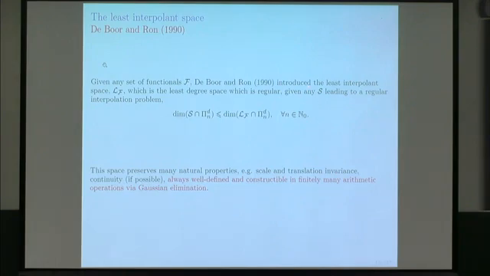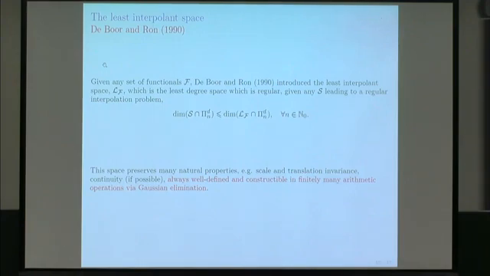So if I have any polynomial space S leading to a regular interpolation problem, then the number of low-degree elements in S will be no greater than the number of low-degree elements in L_F.